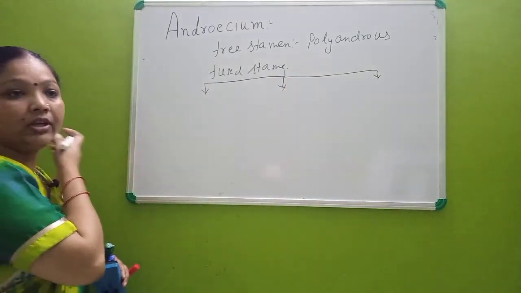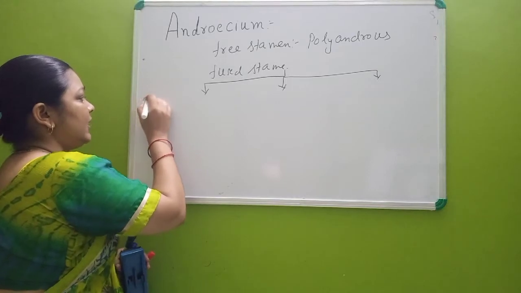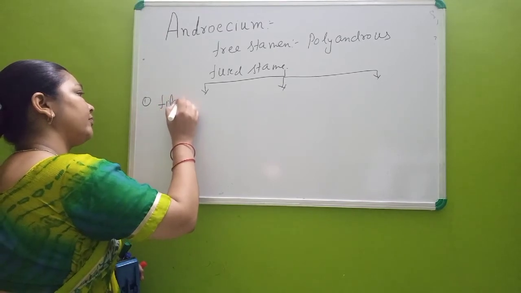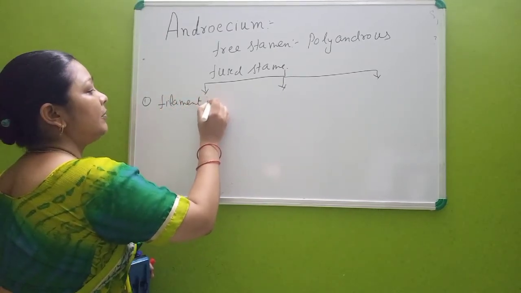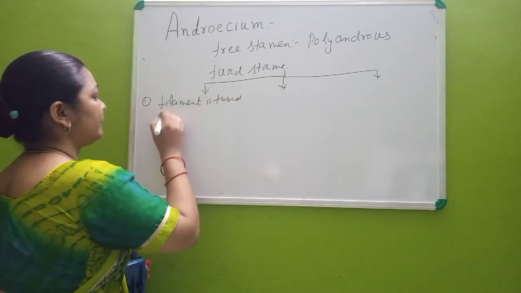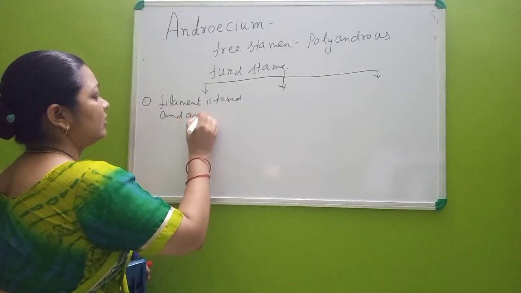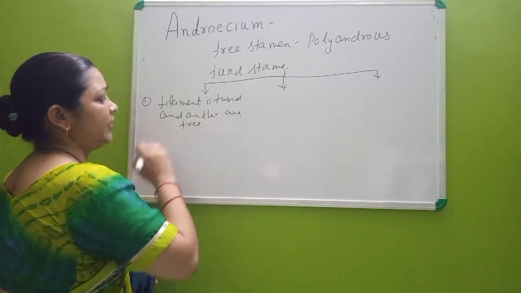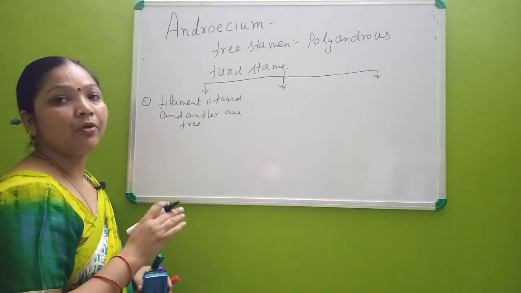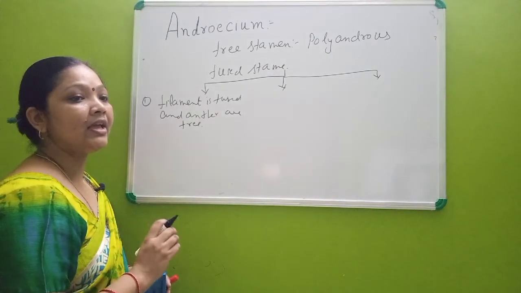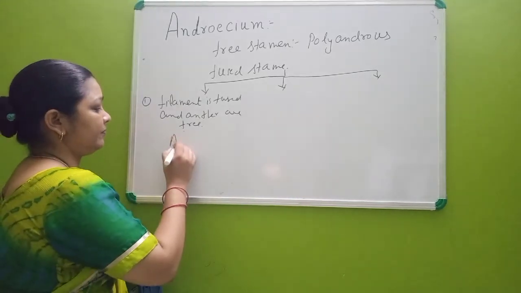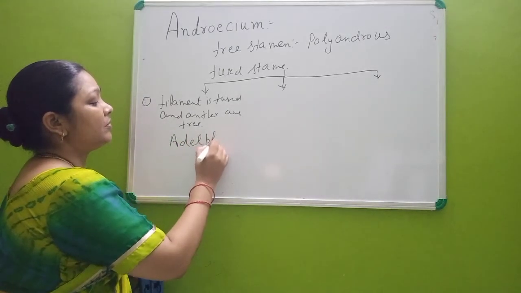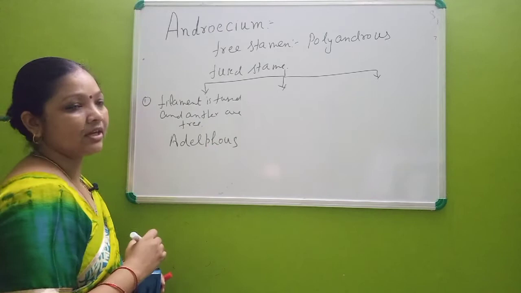For example, number one, if the filament is fused and the anthers are free, then this type of condition is called the Adelphous condition.